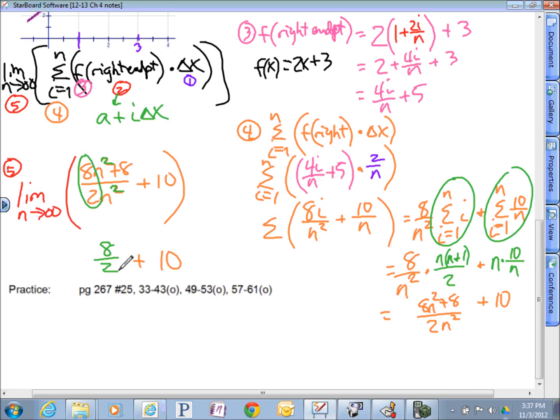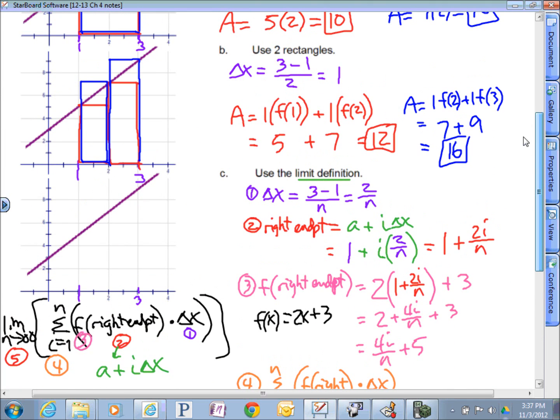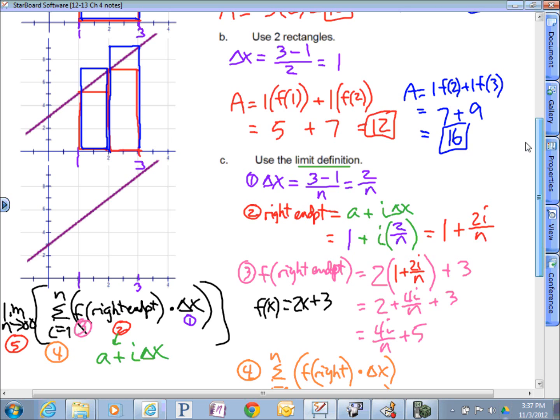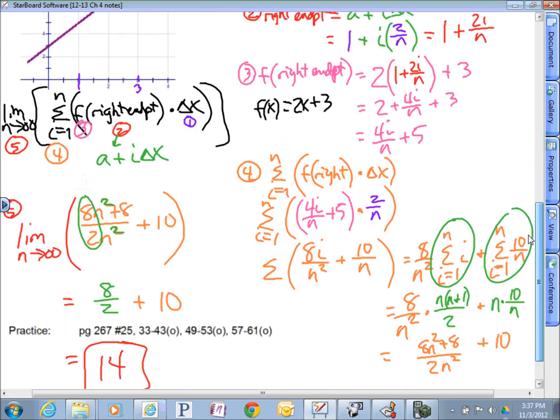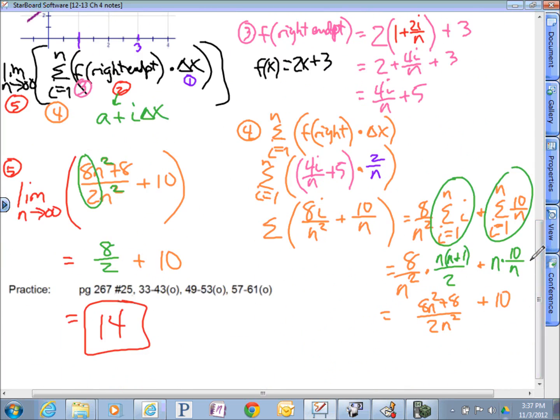Clean all this up. This limit is going to be 14. And that 14, what does it mean after all of that business? That 14 is the exact area under the curve of that function in between 1 and 3. Heavy math today.